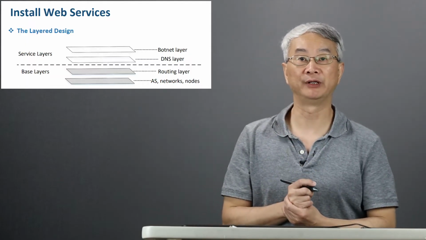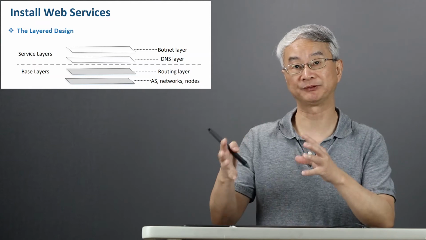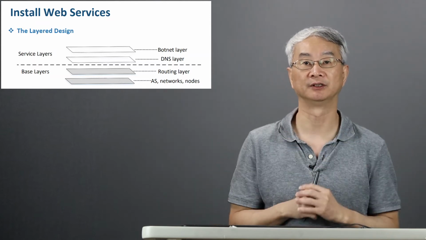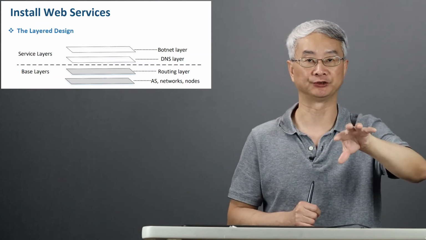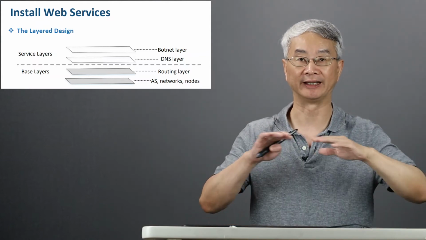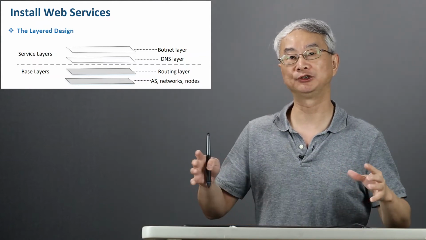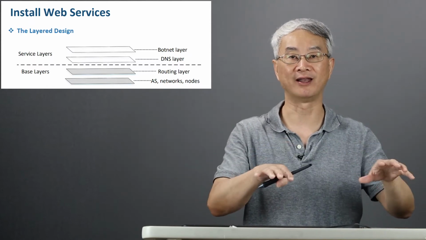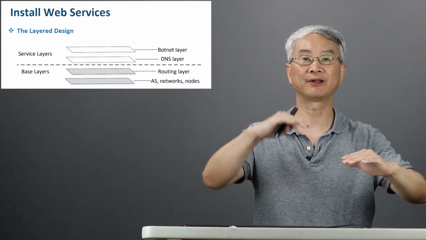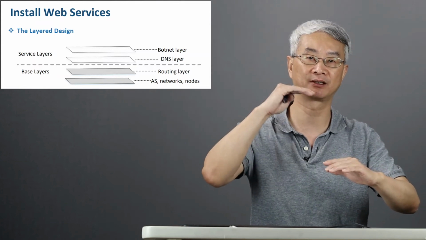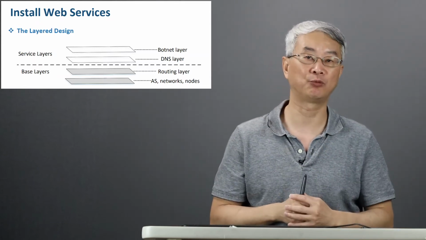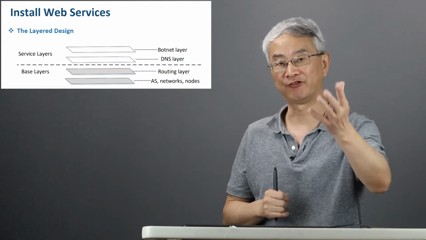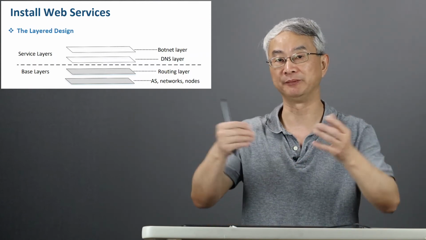And next part, we're going to install some web services on some of the nodes. Now we're going to get into one of the design features in our project. It's a layered design. We don't want to put everything in one layer. We want to build different types of things at different layers. This kind of layered design is widely used, if you're familiar with Photoshop or Adobe Premiere.